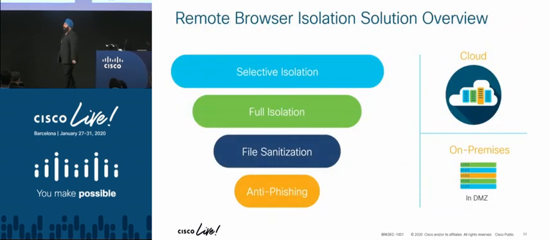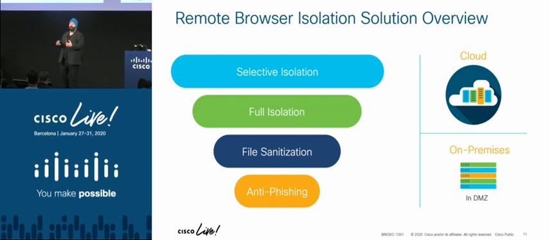Now, if we look at this RBI solution, first of all, we as Cisco tie up with the RBI solutions which are there in the market. So we tie up with technology vendors like Ericom or Menlo to provide you with this RBI as a solution, over and above what we have as email or web security, okay?